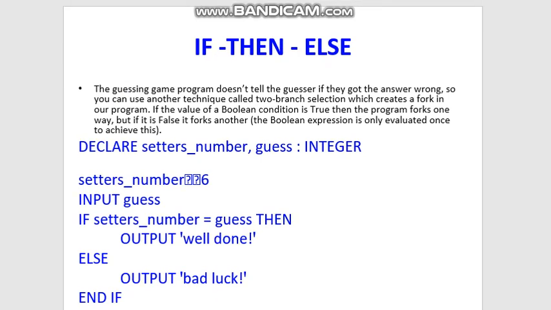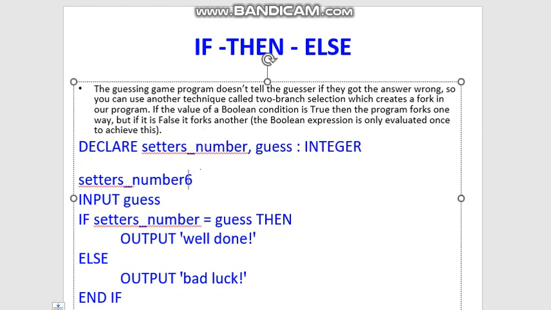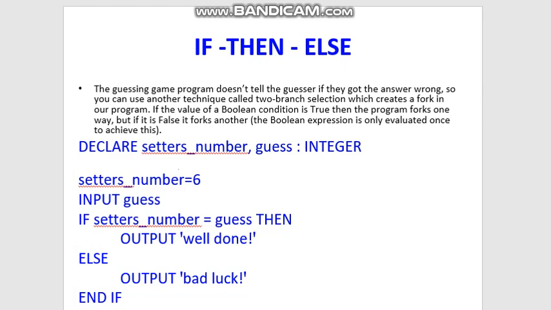If then else. You set a number, and the number is set as 6. The player guesses a number. If that guessed number is equal to the number which is set, then it prints well done, else it outputs bad luck, and after that the if condition ends.